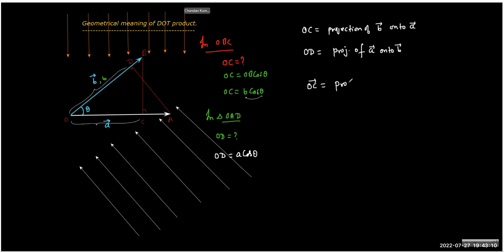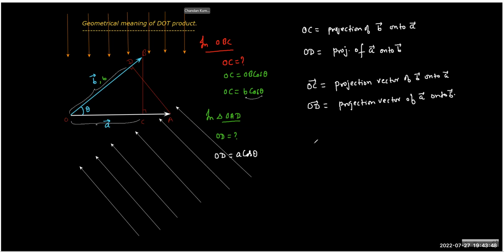It is called projection vector of B onto A. What is OD vector? Projection vector of A onto B. So projection is only the magnitude part and projection vector is the magnitude and direction part of both. So we have to express these answers accordingly later on.